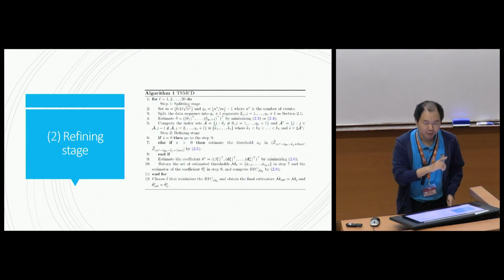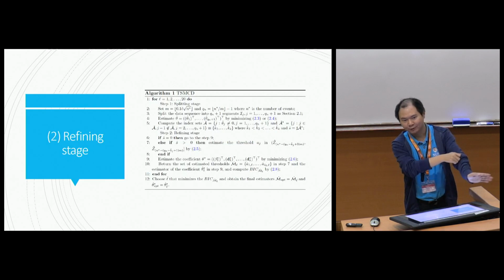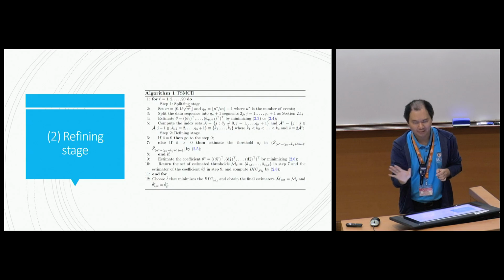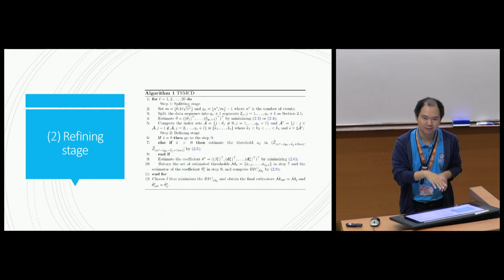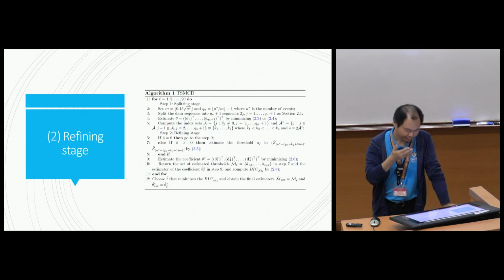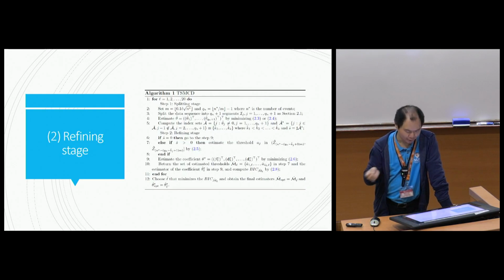But because we have the first stage where we use the penalization methods, that method is very fast. So because we have the first stage, we can do the second stage more efficiently. So after the second stage, we refine the number of change points and all the analysis results. We can actually achieve much better estimation results.